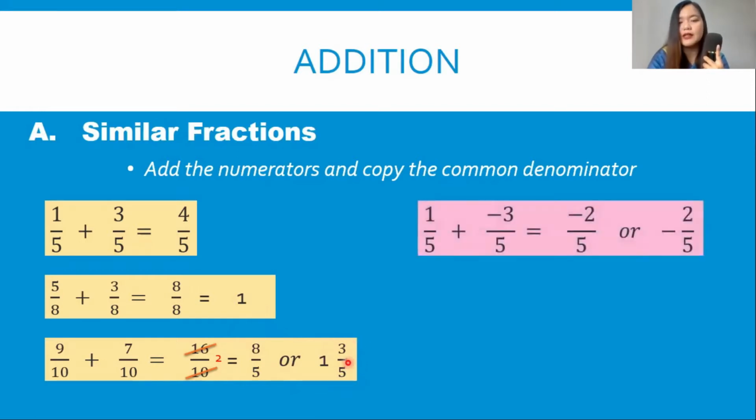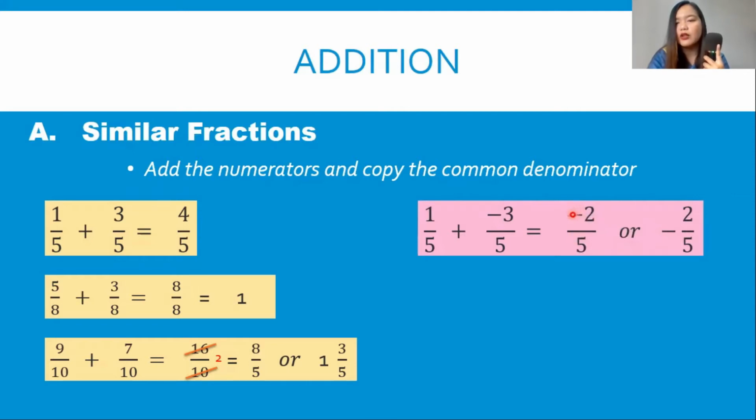Another example is this one. 1/5 plus negative 3 over 5 equals negative 2 over 5, because 1 plus negative 3 is negative 2. Or you can write that as negative 2/5. Yung negative, kahit nasa taas or nasa baba, yung answer ay nandito as long as positive yung isa.